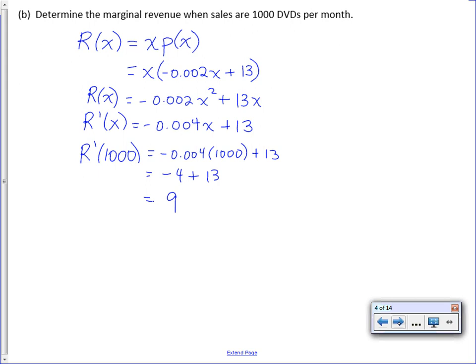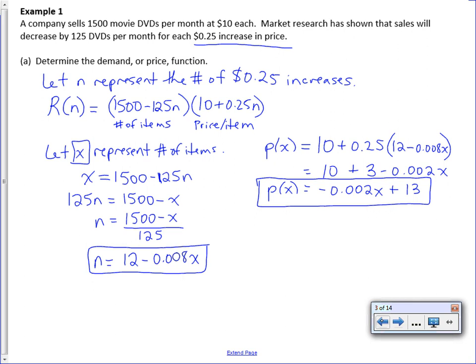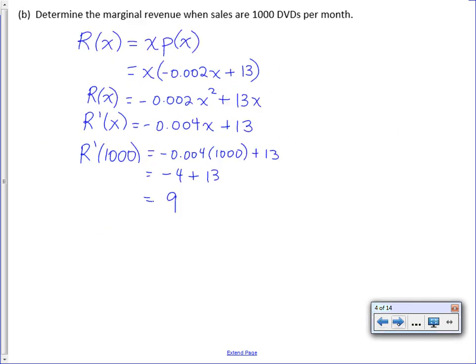This is the information you would get from market research, but to be useful we switch to being in terms of X. Now this is telling me that when I sell 1,000 DVDs, my revenue is increasing at a rate of $9 per DVD. Do you get that's a useful piece of information if I work in business?